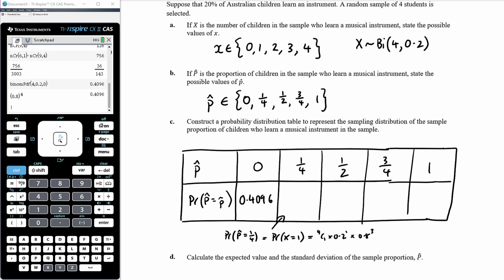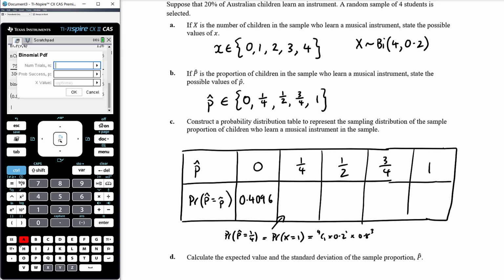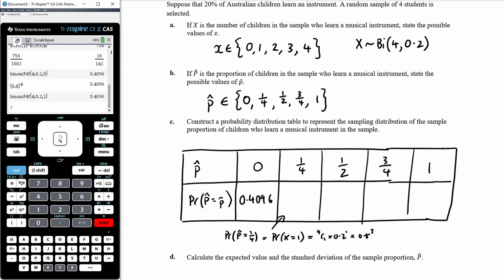So we can either use our binomial Pdf, menu 5, 5, A, n is 4, p is 0.2, and our x value in this case is 1. That's again 0.4096, or we can calculate 4 choose 1, which is 4 times 0.2 times 0.8 cubed, which is 0.4096.